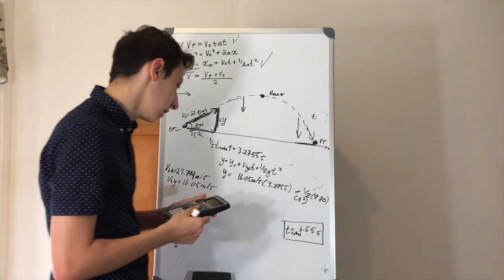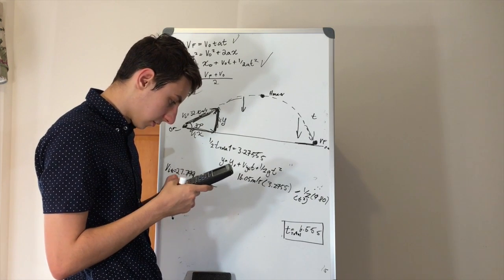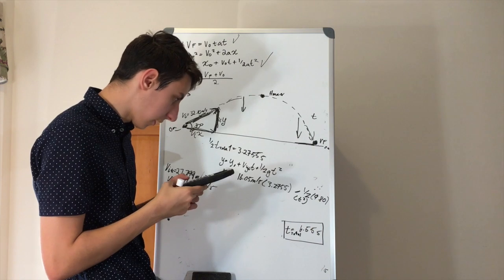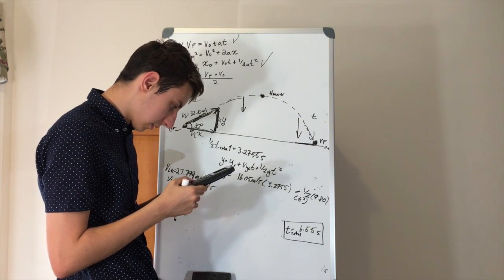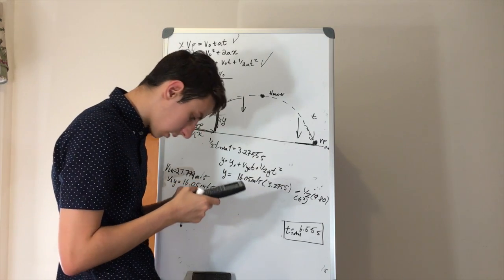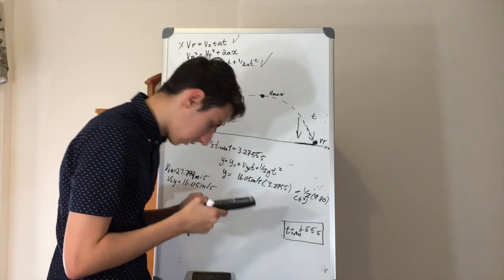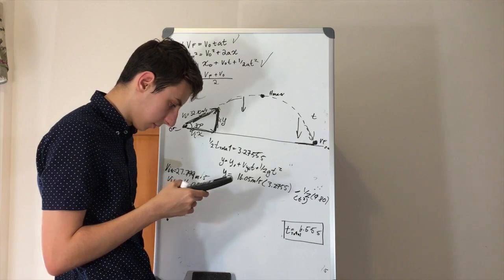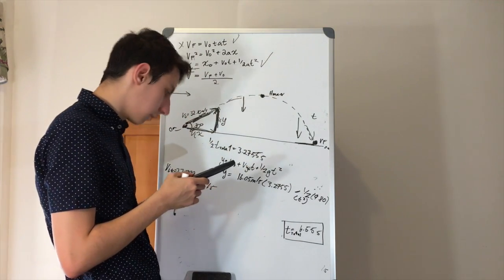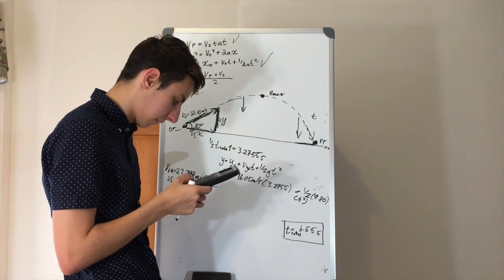It doesn't matter. So 16.05 times 3.2755 minus 9.80 times 0.5, which is 1/2, times 3.2755 squared.